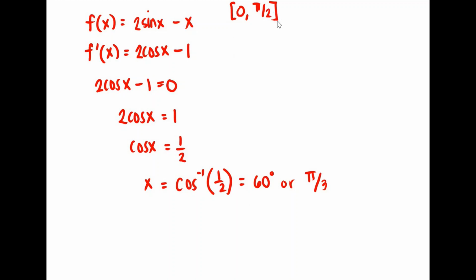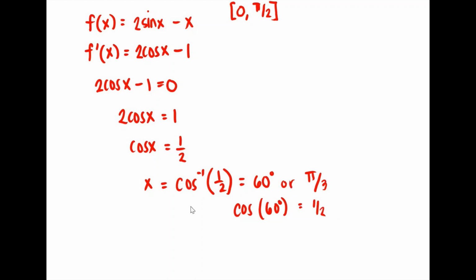So from 0 to pi over 2, we only have pi over 3. Or if we will solve this one, cosine 60 degrees, that will give us 1/2.